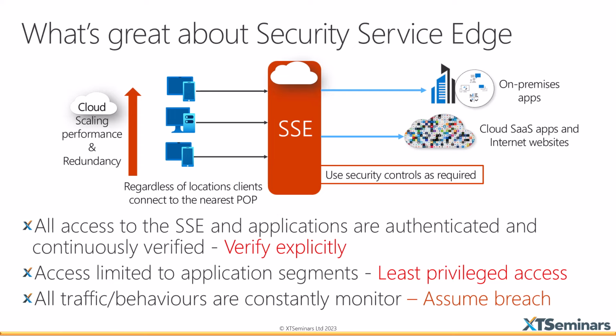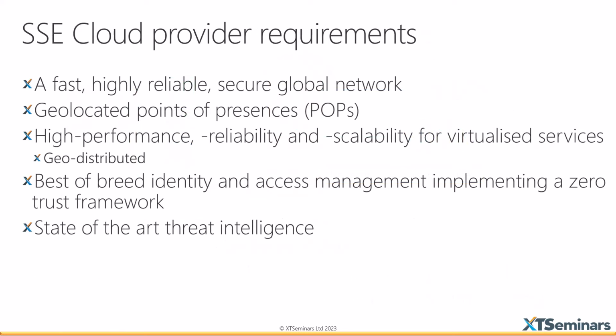Now, if we're looking at someone providing an SSE service, and it's a cloud provider doing this, what they need is a fast, highly reliable, secure global network. We need geolocated points of presence so that our clients can connect in. We need high performance, reliability and scalability of virtualized services.